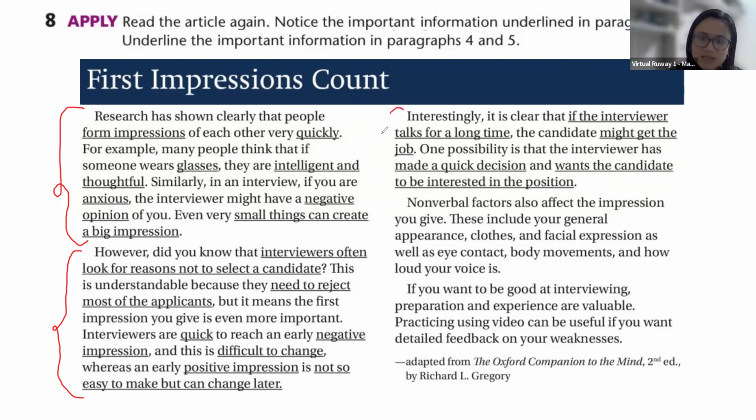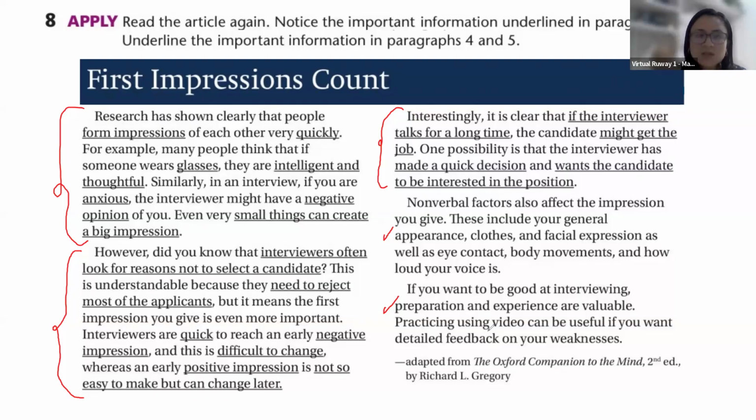Good. And number 3 is the same, only important ideas, but it's missing paragraph 4 and paragraph number 5. So I want you to do that part, okay? What is the important information in paragraph 4? What is the important information in paragraph 5? I want you to think about it.